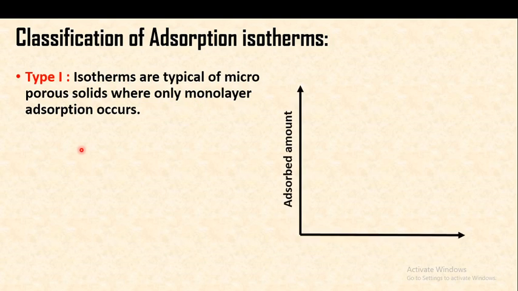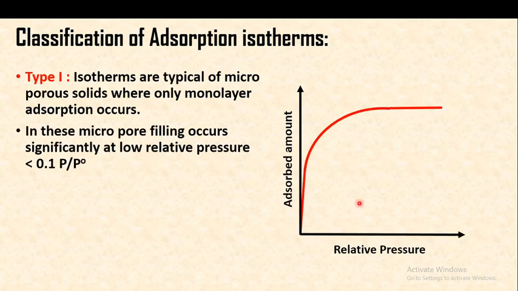If we plot a graph of adsorbed amount of substance versus the relative pressure, we get a graph like this. The adsorbed amount versus relative pressure graph is called an adsorption isotherm. In this, micropore filling occurs significantly at relatively low pressure.